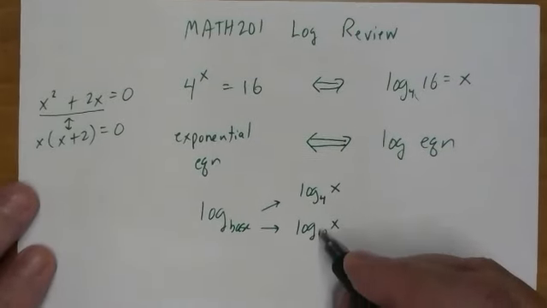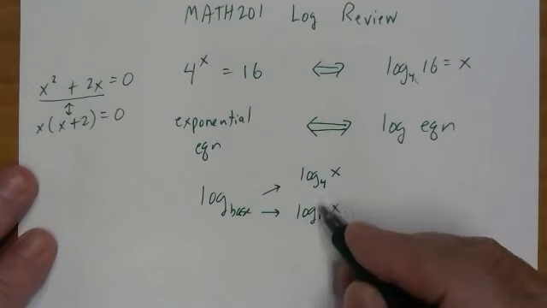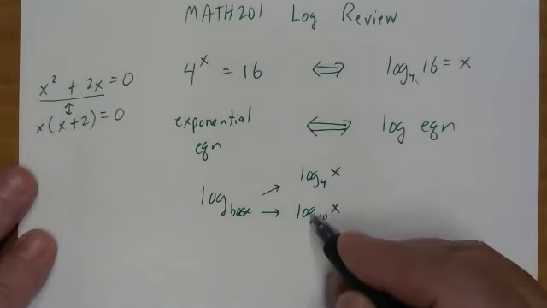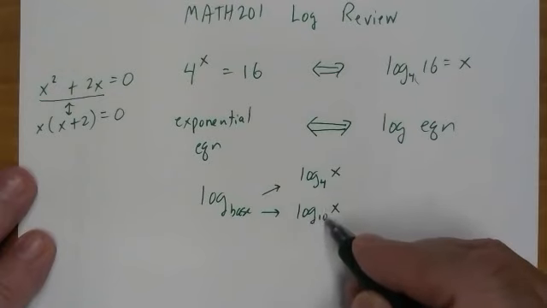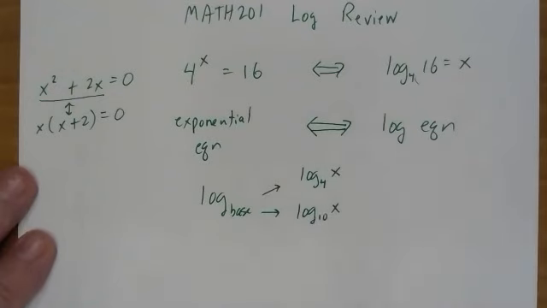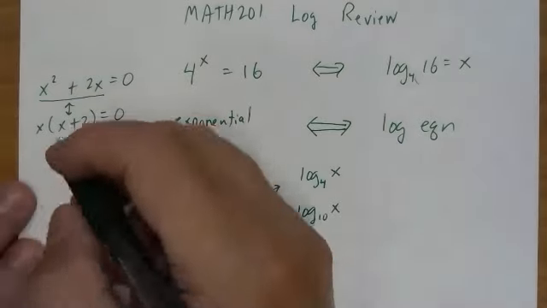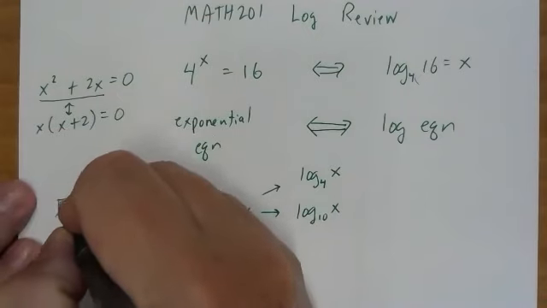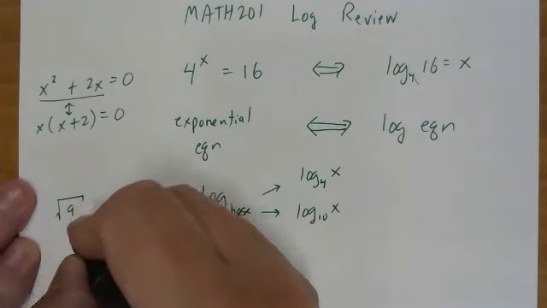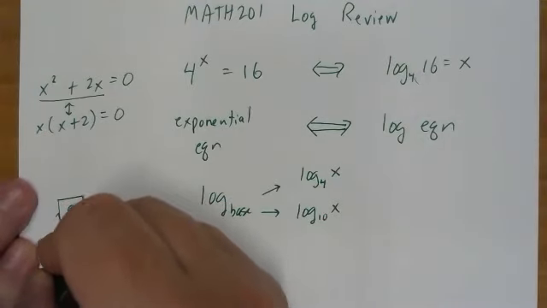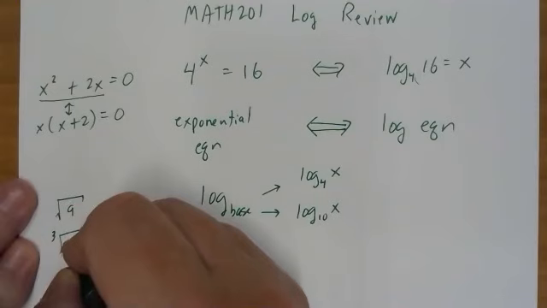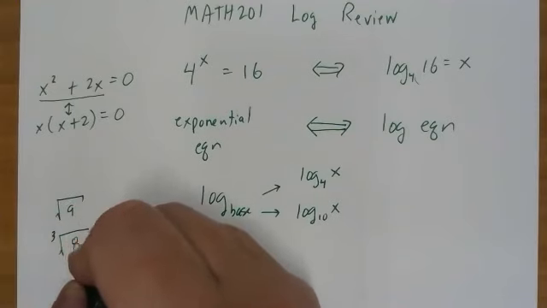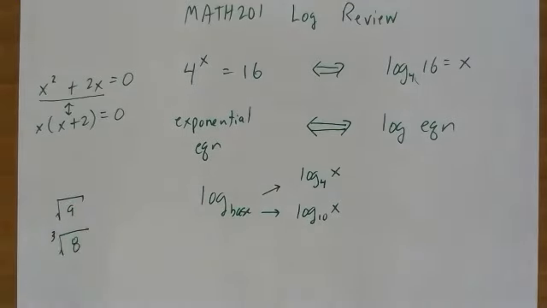Now let me quickly share with you one of the interesting features of logs. Log base 10 of x is almost like a special log. When the base is 10, it's special. And the way I sometimes describe it in class, remember back when we were doing radicals? So maybe you have the square root of 9. What if I were to write the cube root of 8? When I do the cube root, I put the 3 up here, right?